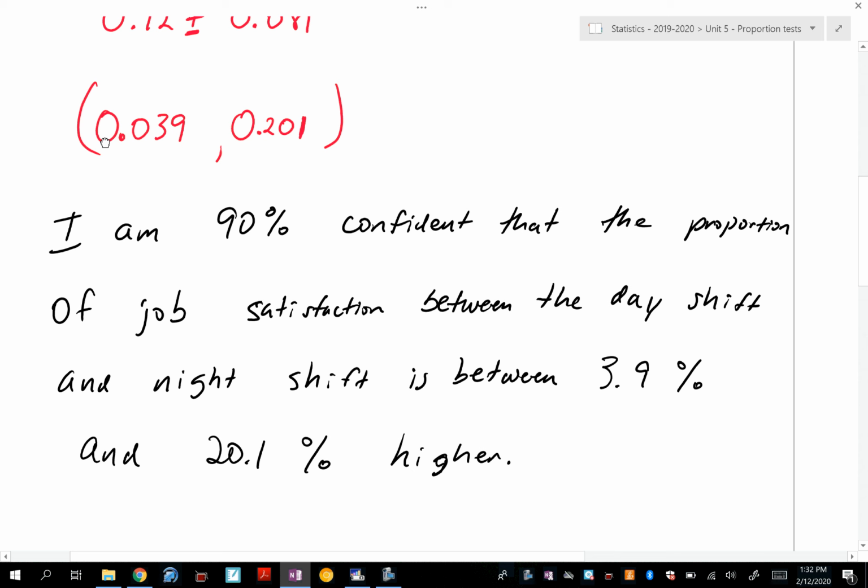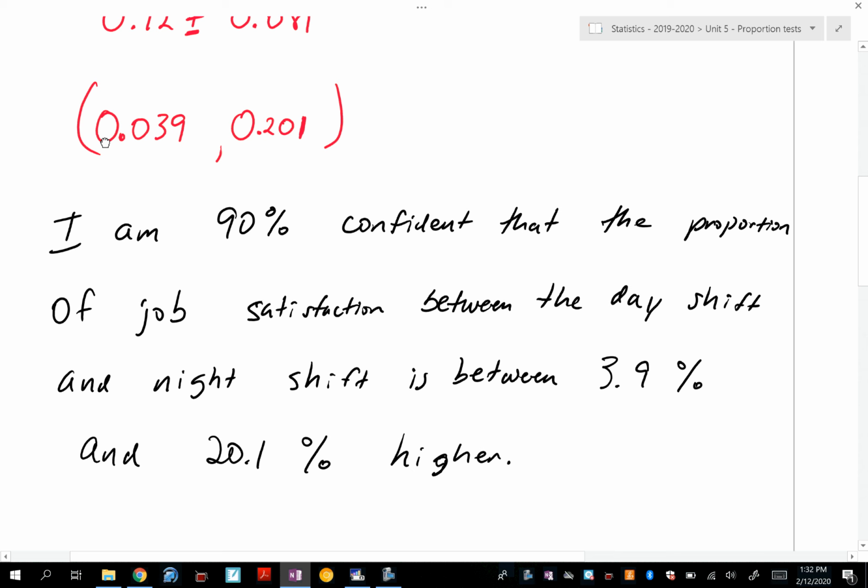Okay. Now, really the main thing though that I want you to take away is we did not run a test. You see how this is not a test? Okay, but if we ran a test, thank you. If we ran a test, okay, we would assume that there's no difference in these positive job satisfaction percentages.